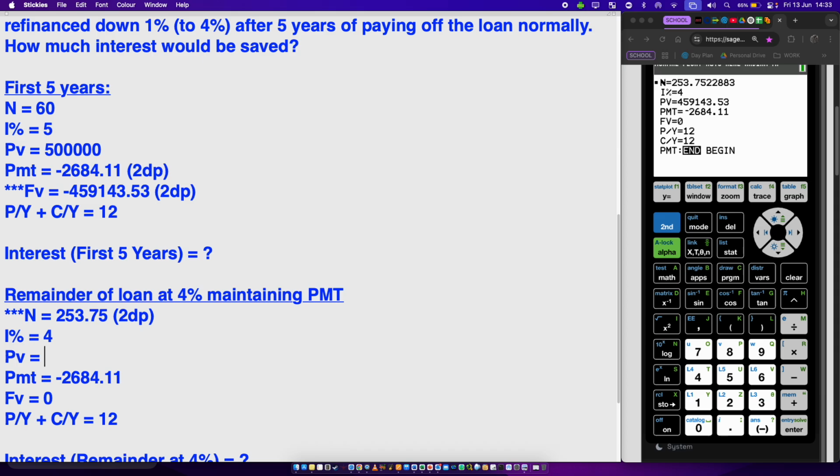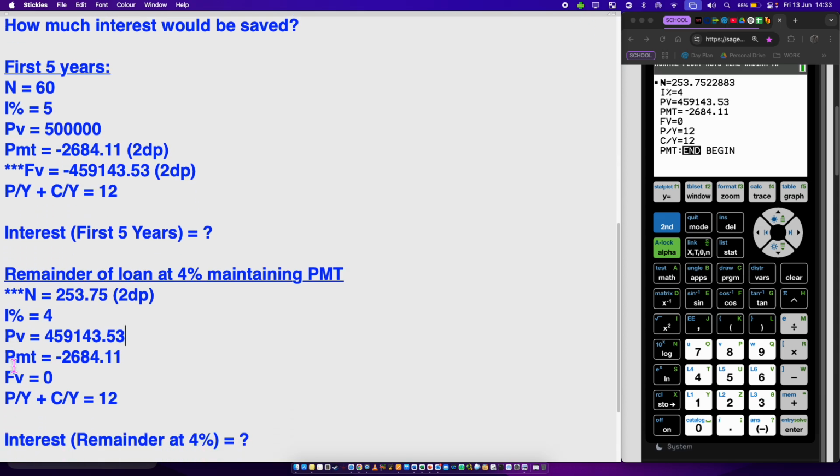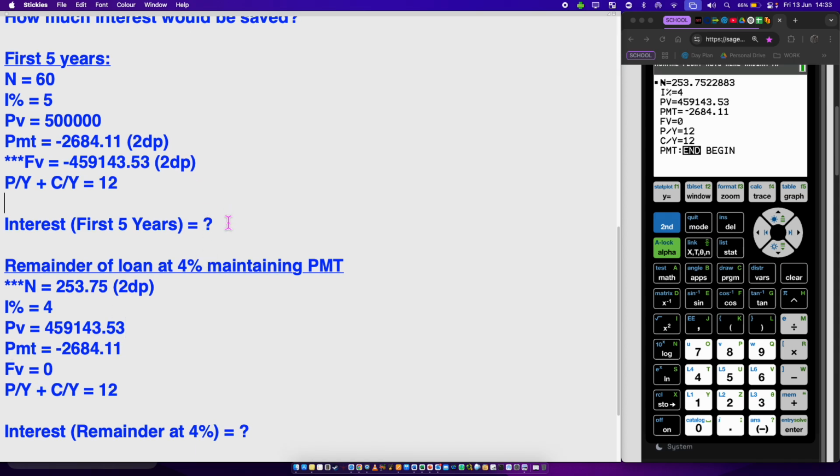What was my remaining debt? 459,143.53. So now we can work out the interest for each part. While I'm working out the interest for each part, you can get down these 2 TVM solvers. So the interest in the first 5 years: 60 payments of 2,684.11 minus, take away 459,143.53.